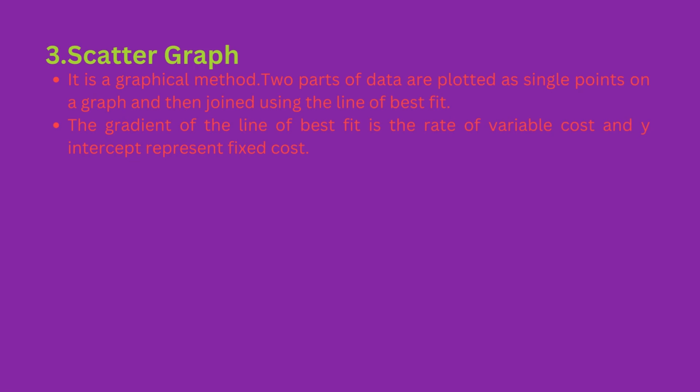So those are the main three methods of cost estimation and forecasting: the high-low method, the linear regression analysis, and now the scatter graph. I know there are other methods, but those are the most used methods. That's why I've covered only the three. If you want me to discuss the other methods, you can comment in the comment section.